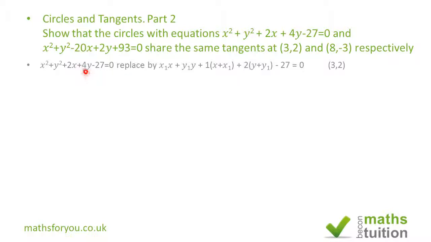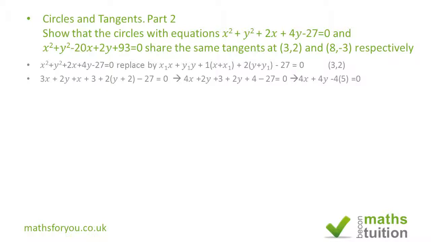And the coefficient of y here is 4, and on this side we have half of 4, which gives us 2. Note that the coefficients of x squared and y squared do not change, they remain 1 and 1.